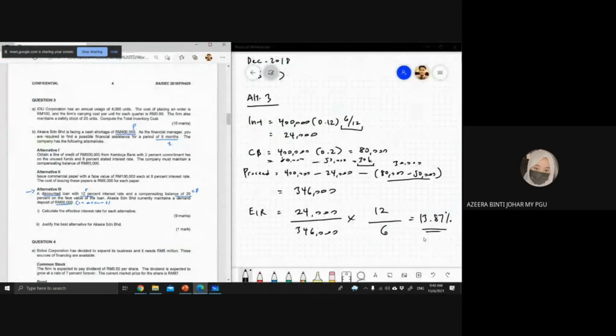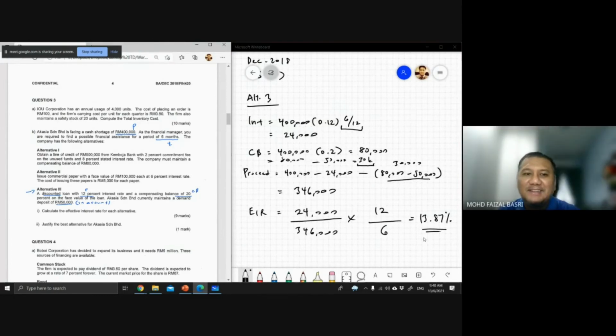If I round it to 13.9%, is that okay? Okay, but don't round it to 14%. Just keep at least one decimal. Because if you round to a whole number like 14, when you compare with other alternatives, there may be other rates that also round up to 14%. So it's not easy to compare. So at least keep one decimal. Normally they use 2 decimals, but 1 decimal is actually acceptable too. Okay, sir, thank you.